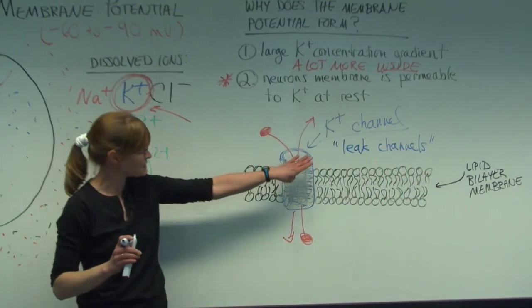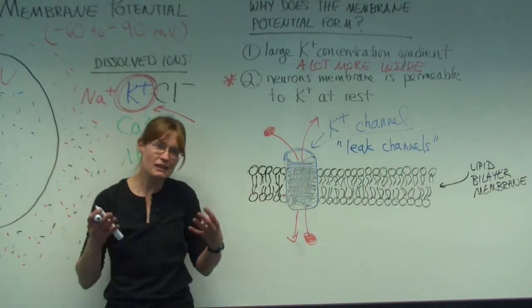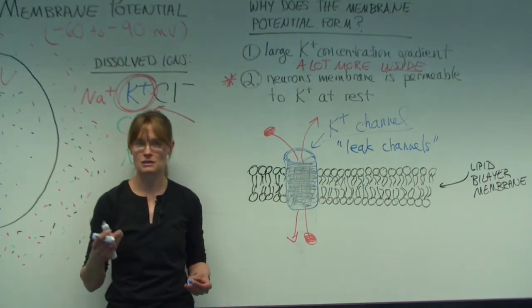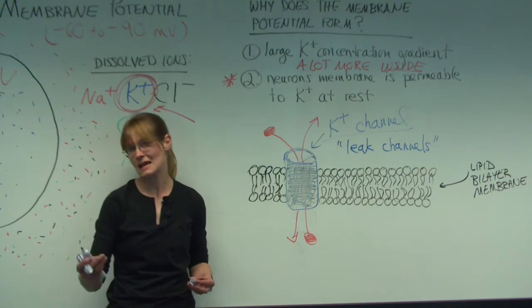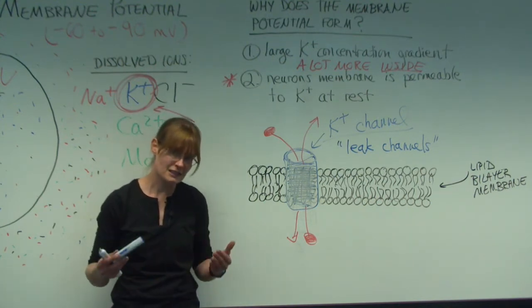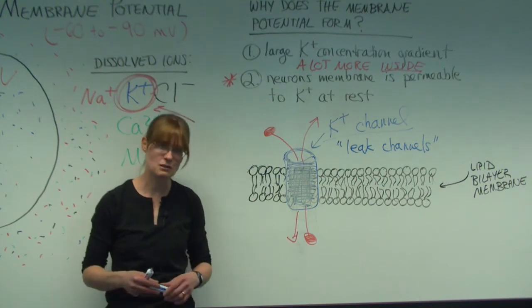These potassium channels are open all the time. So even when the cell is at rest, potassium is able to get across the membrane, and there's always some potassium permeability.